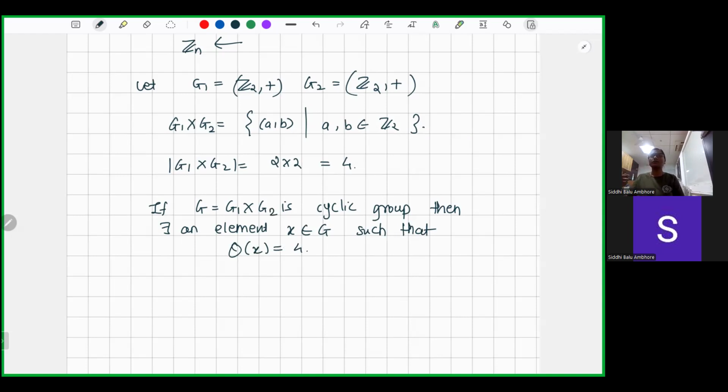That's what it will mean when we say that G is a cyclic group.